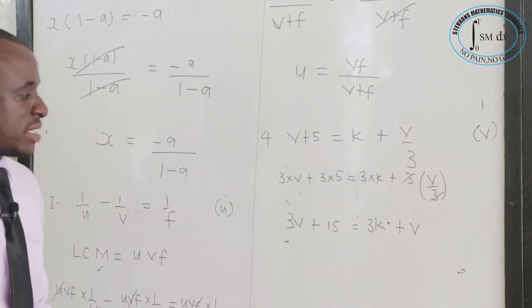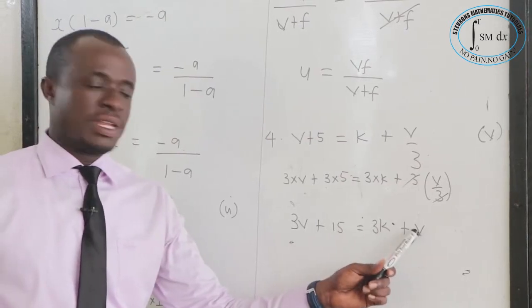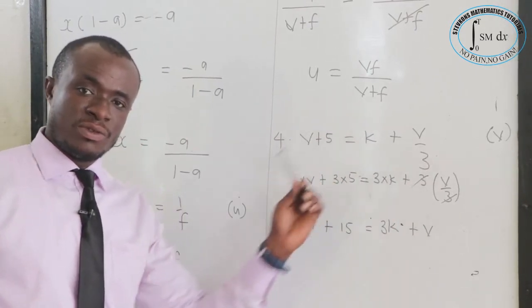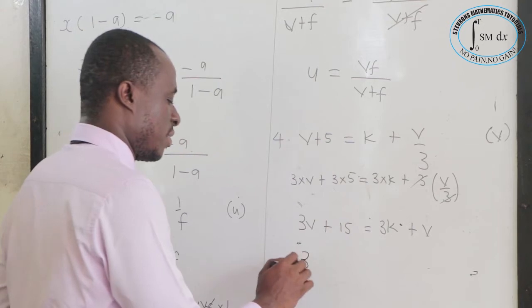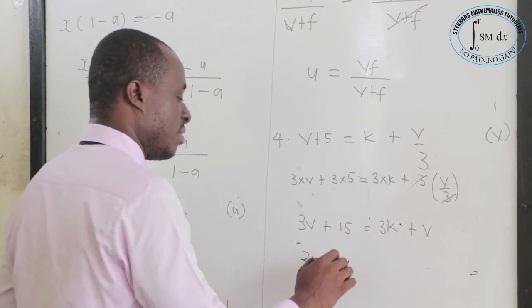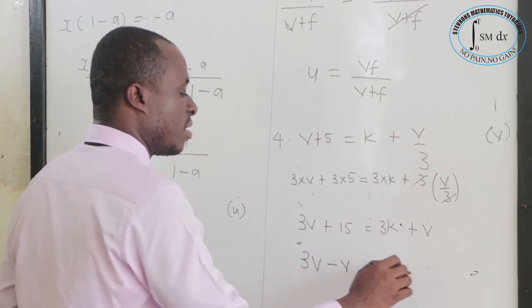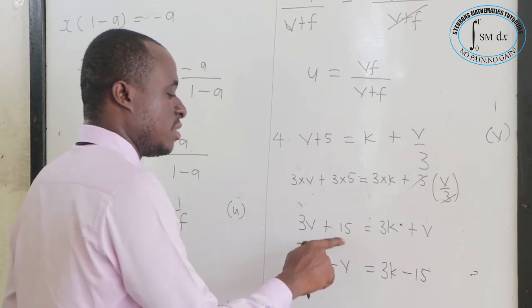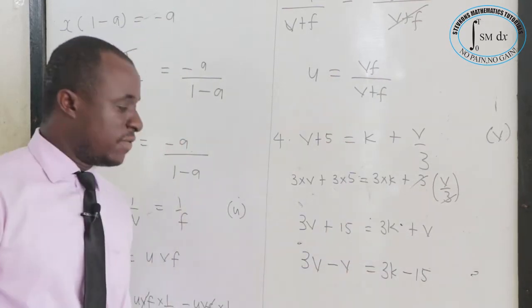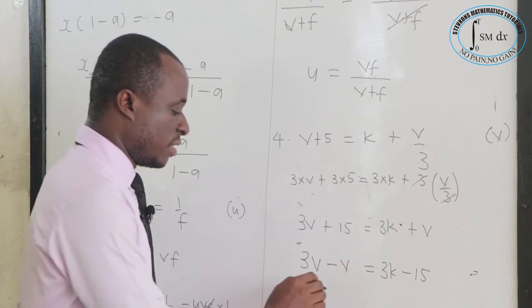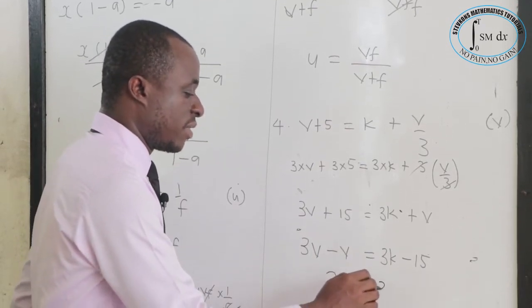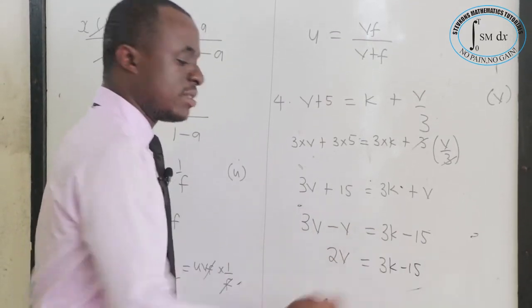We want to make v the subject. There's v here, there's also v over there. So you have to bring this v to the left hand side. So you have 3v minus v equal to 3k minus 15. This is positive 15, crossing becoming what? Negative 15. Now 3v minus v, that is 2v. And we have 3k minus 15.